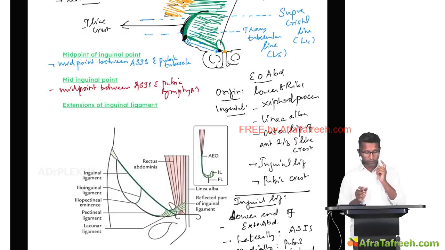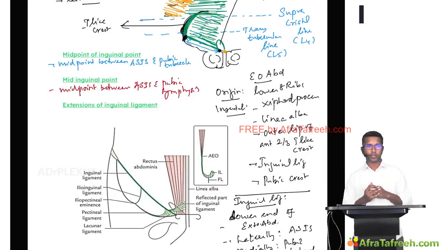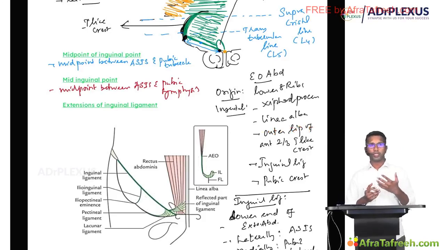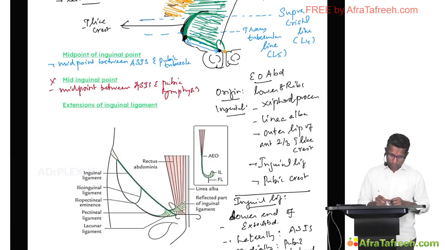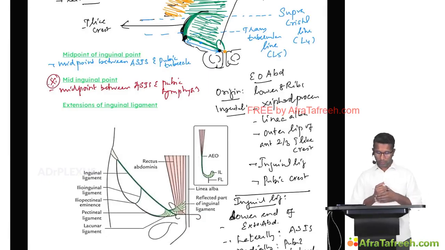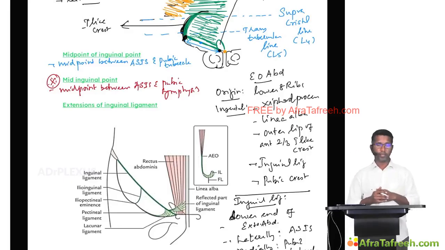This difference is very important for most of our surface marking. For example, to surface mark the femoral artery, we take the mid-inguinal point rather than the midpoint of the inguinal ligament. Of the two, the mid-inguinal point is the important landmark.